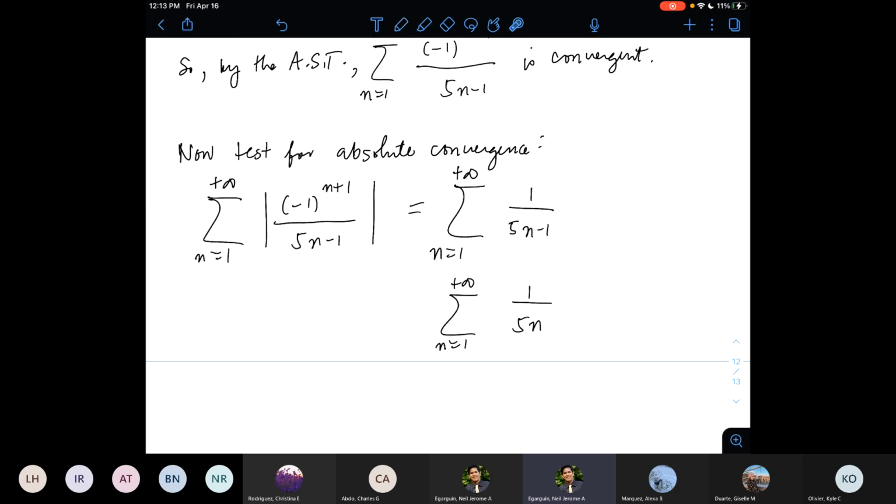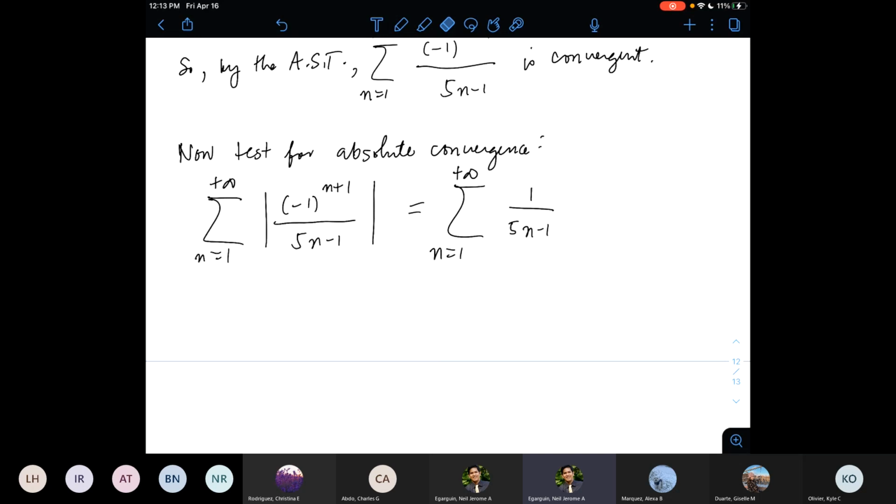So here what we did is make the denominator larger, right? So we made the denominator larger, making the fraction smaller. So this would have been like that, but I know this is a divergent series. So this guy is smaller than a divergent series. The direct comparison test doesn't have any conclusion for us.